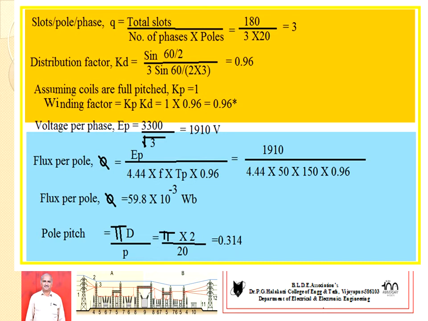So you substitute the value, flux value we are going to get as 59.8 into 10 to the power of minus 3 webers. Then you calculate pole pitch. Pole pitch equal to pi d by p, that we are going to get as 0.314.